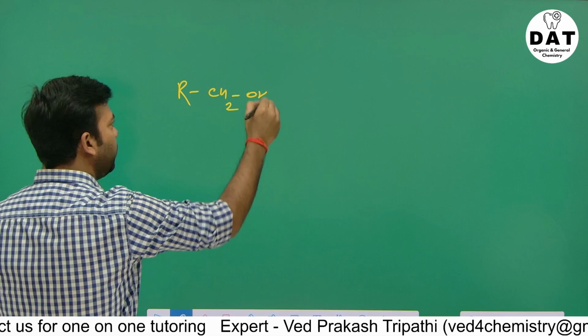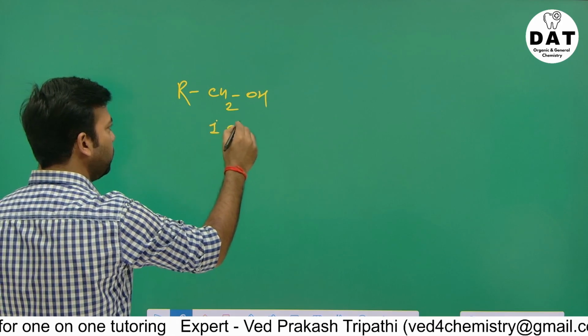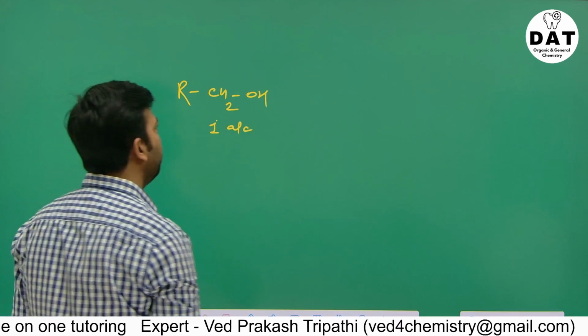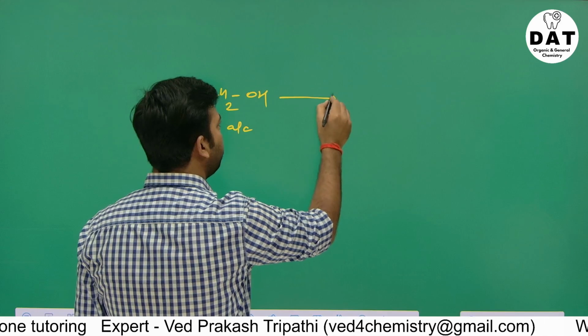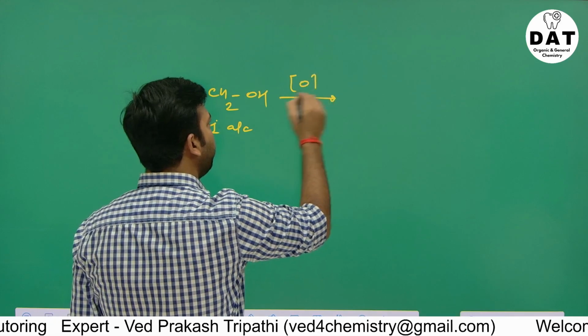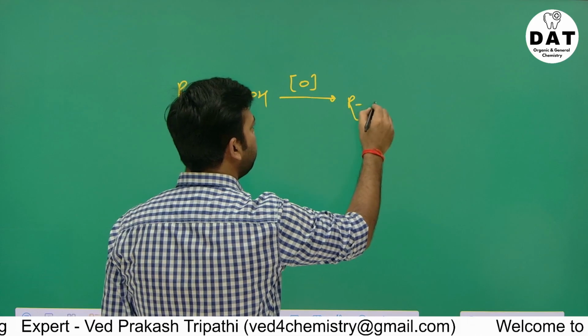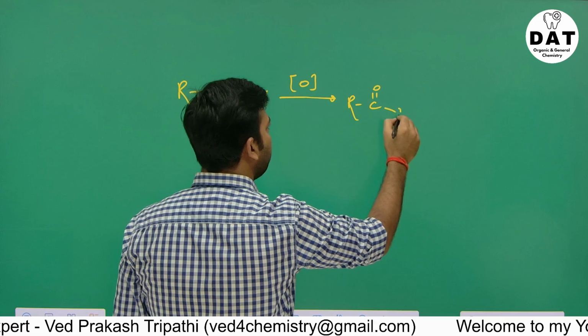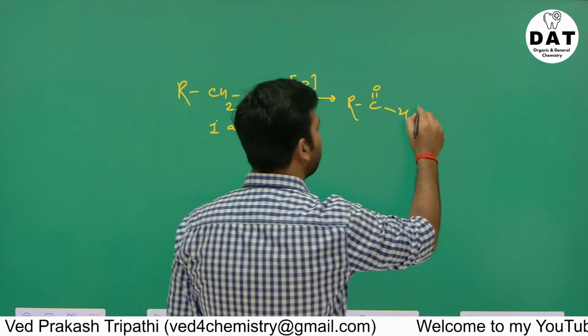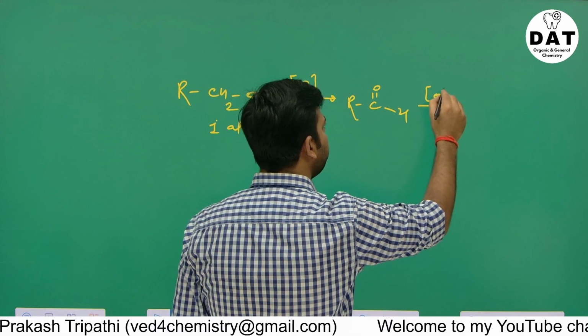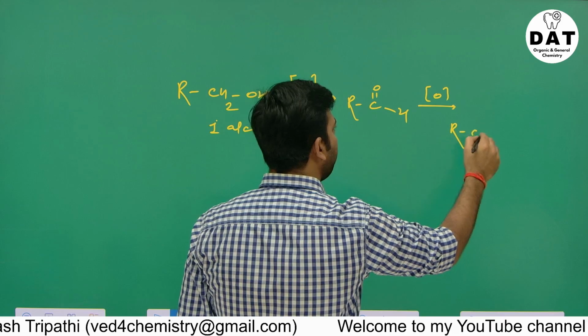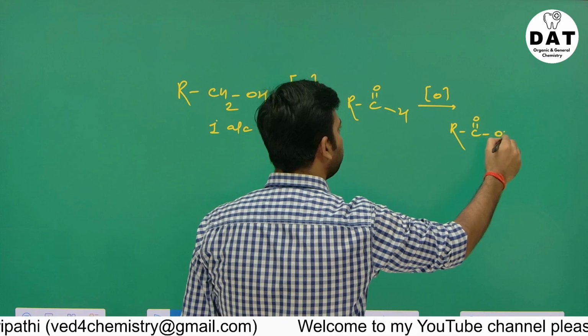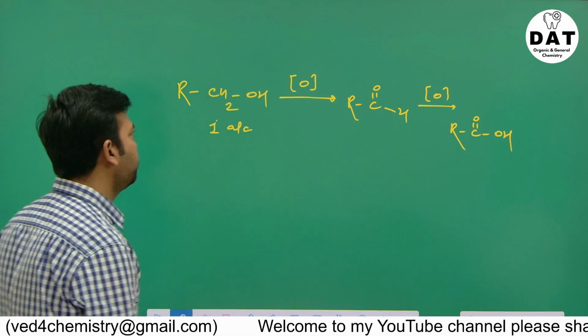This is called a 1 degree alcohol. And if a 1 degree alcohol is going to oxidize, it will become aldehyde. Clear? And aldehyde further oxidizes to give you acid, RC double bond OH. Clear?